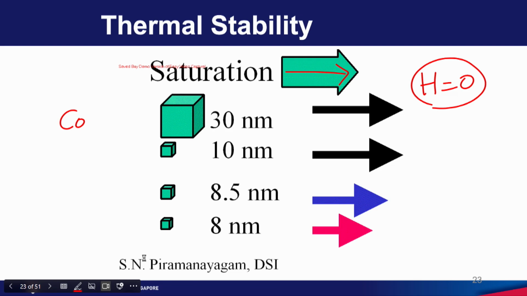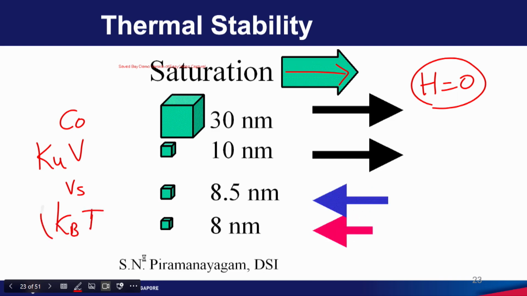Okay. So, this is called the thermal stability of magnetization, because this flipping of magnetization happens based on the competition between KUV and KBT. So, at room temperature we have thermal energy. So, this thermal energy competes with the anisotropy energy.